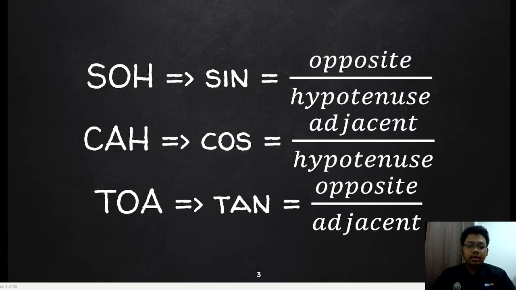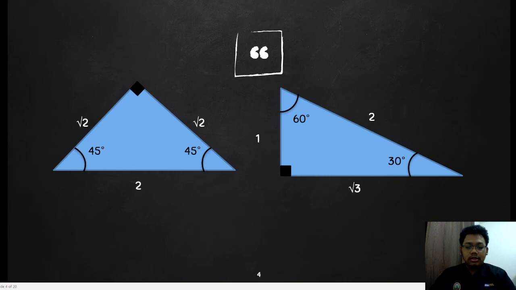So technically we already covered this in the previous class, and this is how we use it. So for example, if you want to know what is the tangent of 45, so tangent is TOA, opposite over adjacent. So opposite of the 45 degrees is square root of 2 over adjacent of this angle is this side.